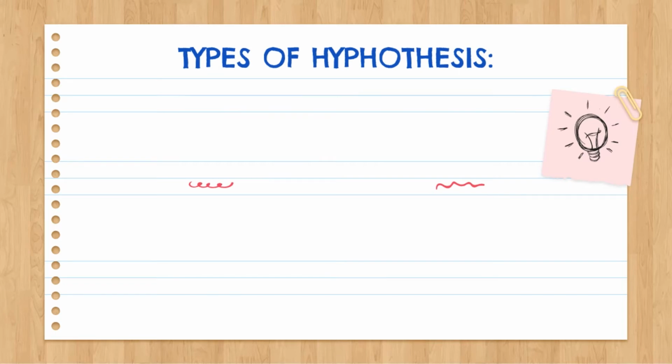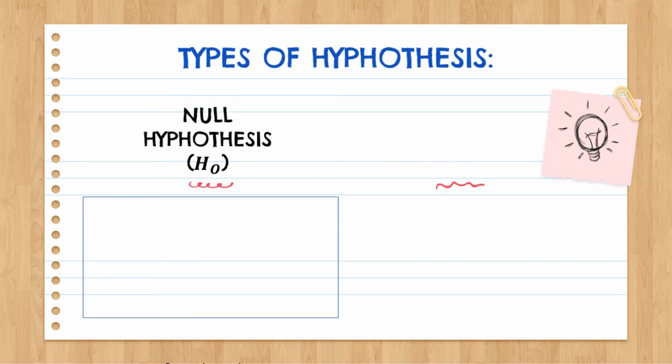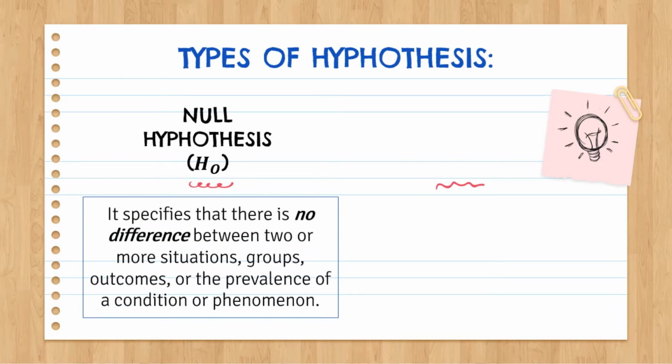There are two types of hypothesis. The first one is the null hypothesis. Let us define it. It specifies that there is no difference between two or more situations, groups, outcomes, or the prevalence of a condition or phenomenon.